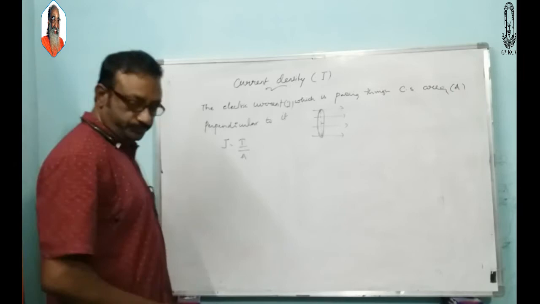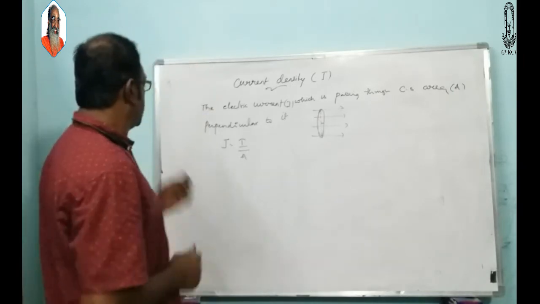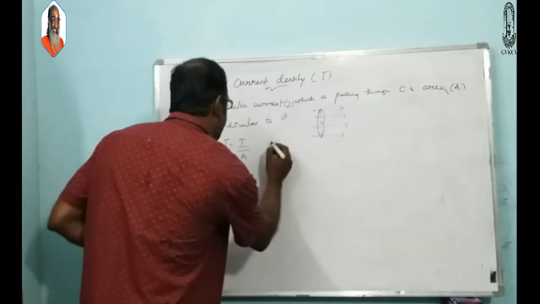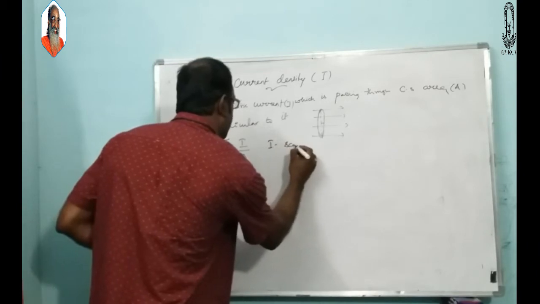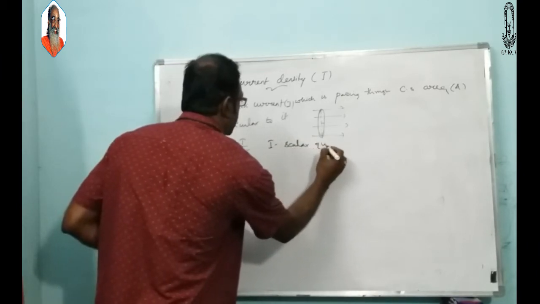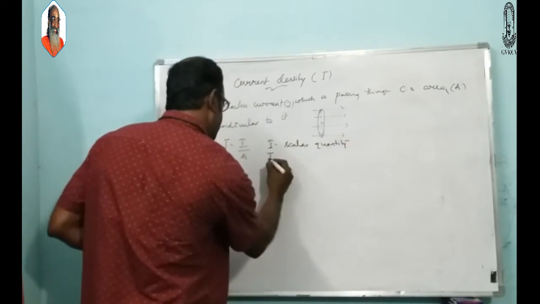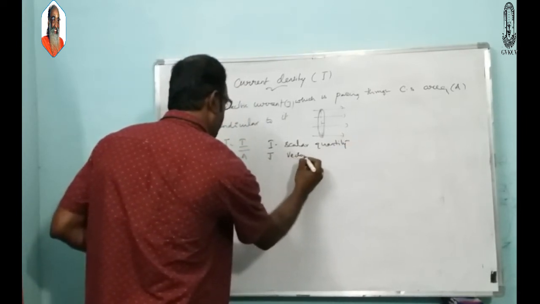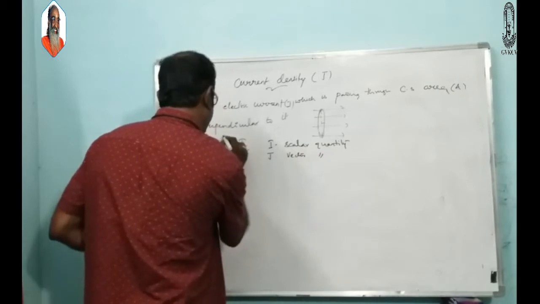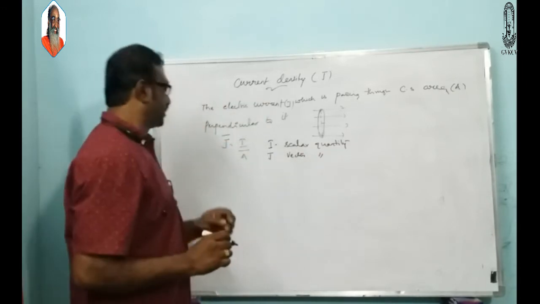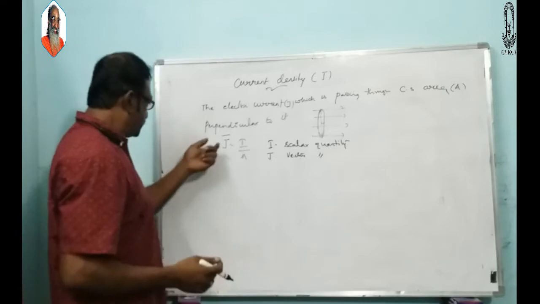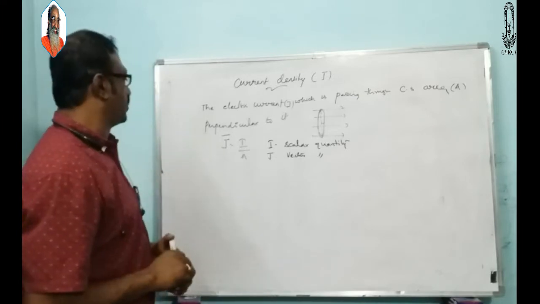And you know that electric current is a scalar quantity, and J is a vector quantity. So I can write J as J bar. If you write it or not, no problem, but just for practice, it's a vector quantity.